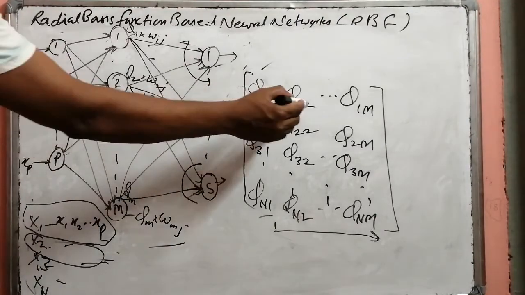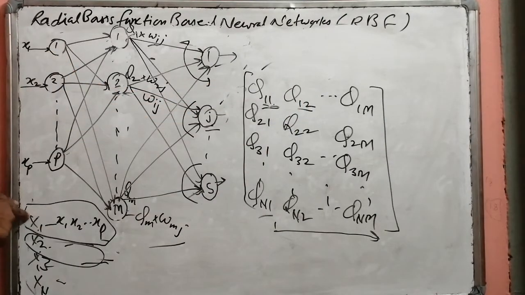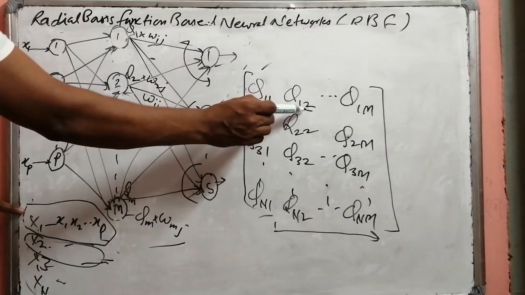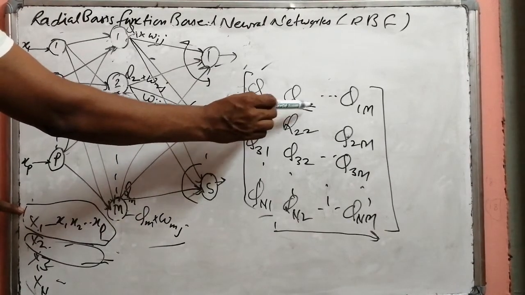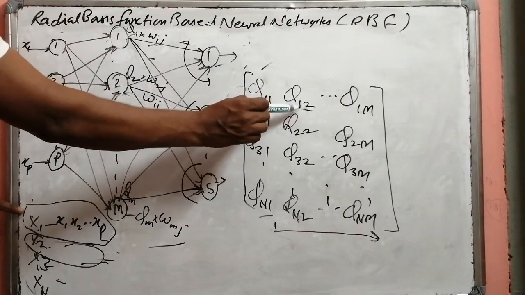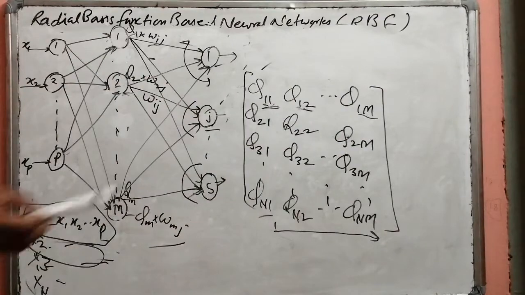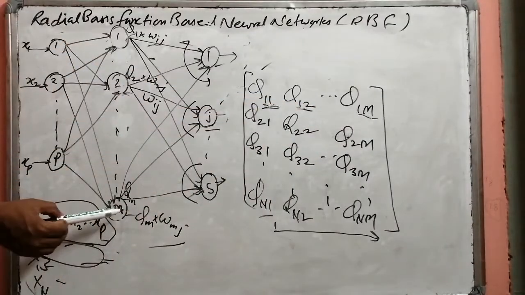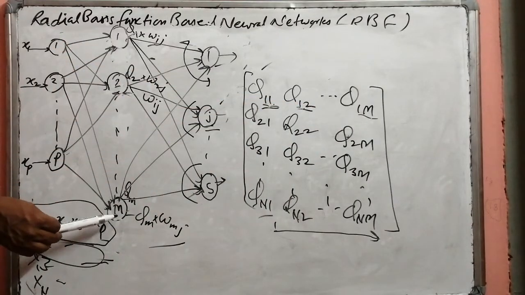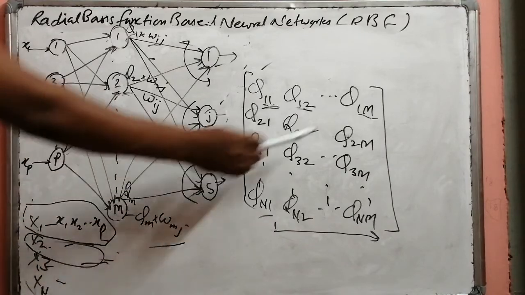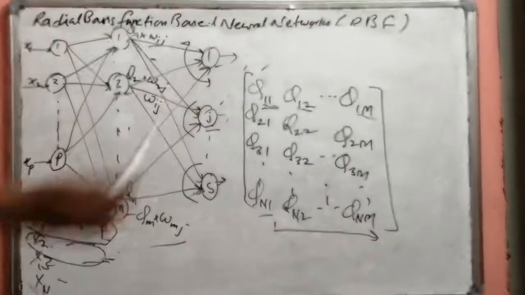In the same way, this denotes pattern number 1, meaning the output of radial basis neuron number 2 at the hidden layer corresponding to pattern number 1. And in the same way, this denotes the output at the mth radial basis function neuron corresponding to the first pattern.